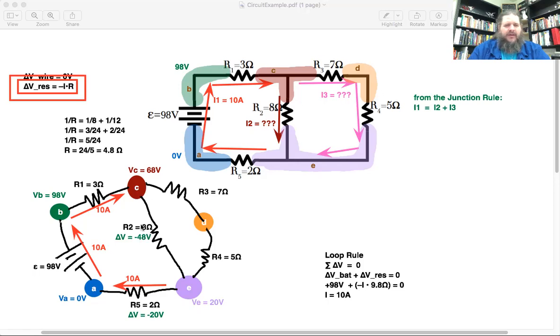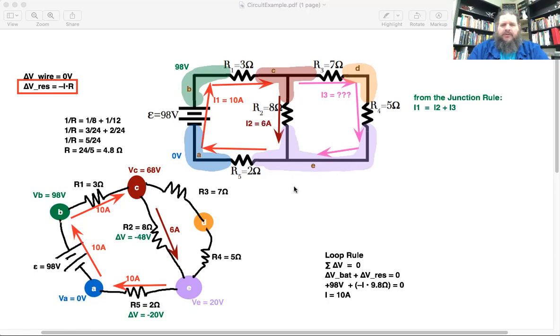So that means that gets 6 amps of current. So the current here through resistor 2 is going to be exactly 6 amps. And that's the I2 from the original diagram.